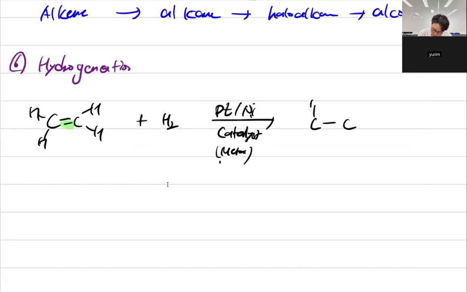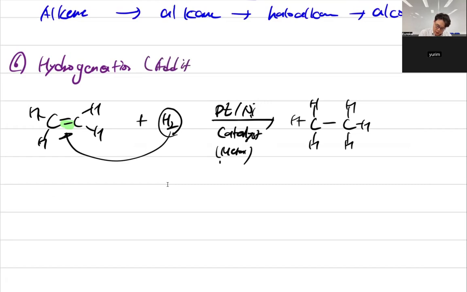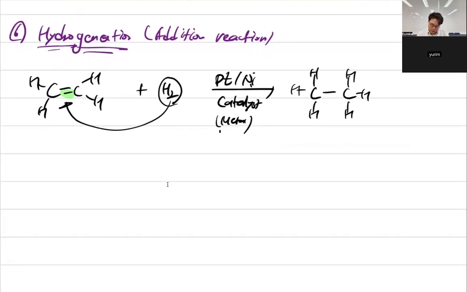We have now changed the alkene double bond into single bonds like that. So those hydrogens will now be attached. So this is a type of addition reaction, also known as hydrogenation because we simply attach hydrogen. Hydrogenate, something with genated means we are adding onto it.